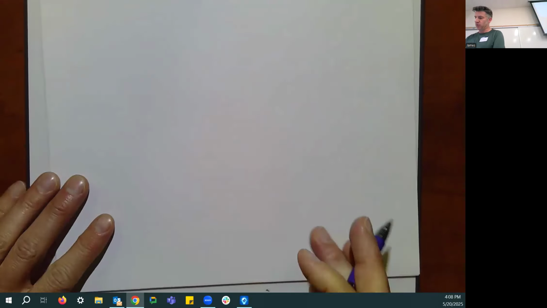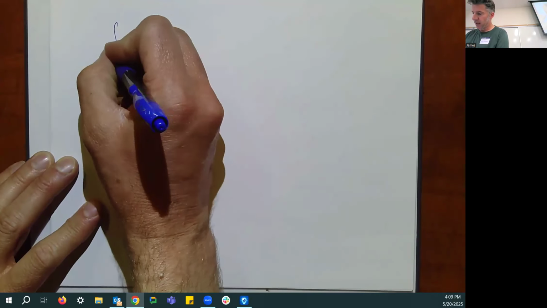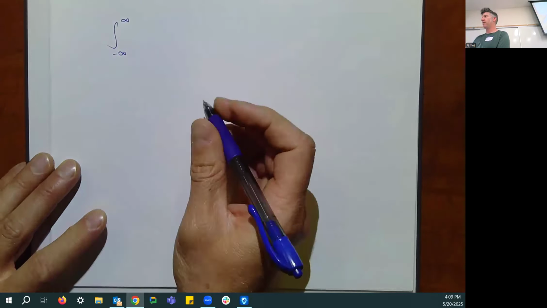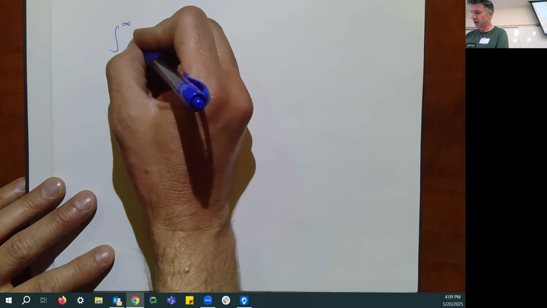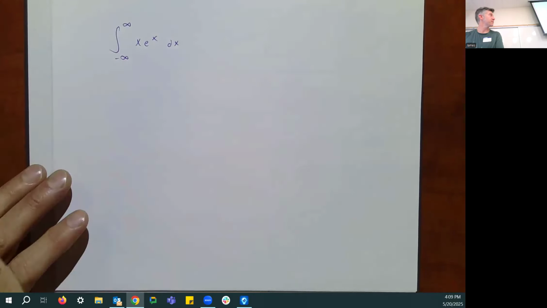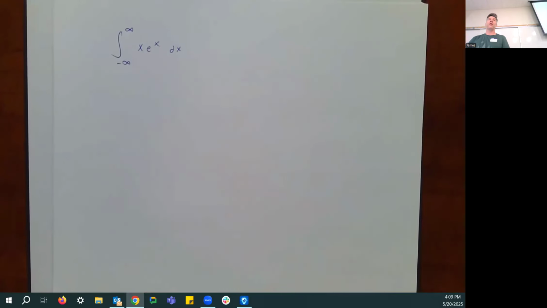What if we had this sort of situation? The integral from negative infinity to infinity of the same thing, x e to the x. If you have infinity in both, or one negative, one positive, you have to break up the integral. The rule of thumb is you can only deal with one problem at a time.